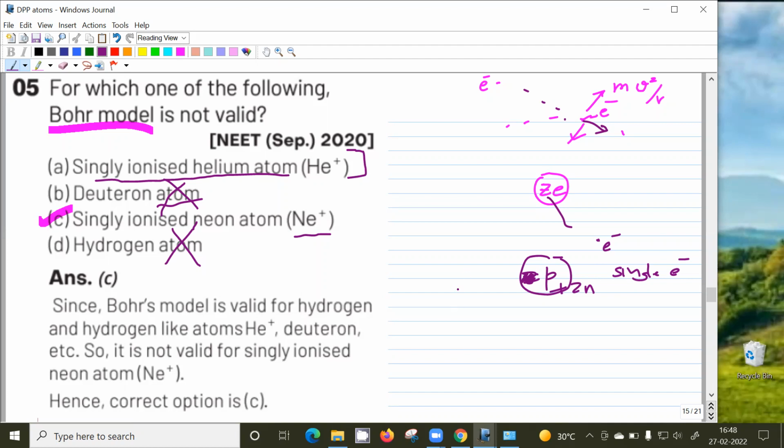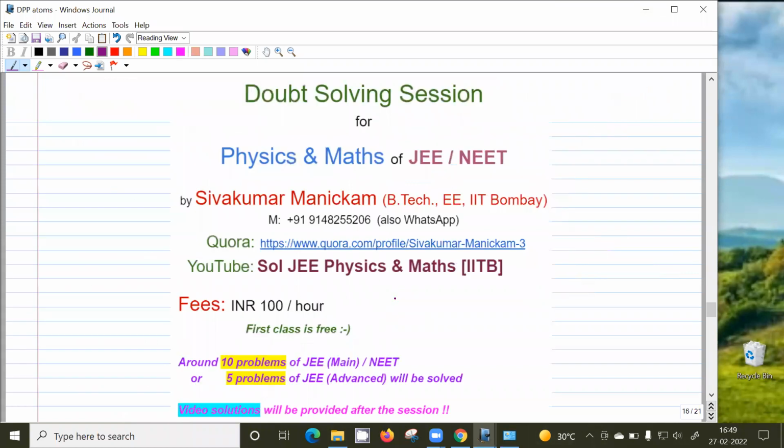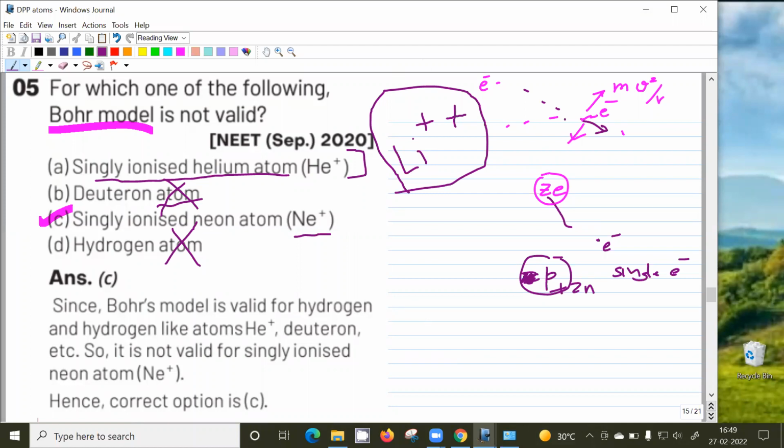So doubly ionized lithium is also valid, because 2 electrons are removed and it has only one electron left. So the Bohr model is valid for this also. Similarly, a carbon atom with 5 electrons removed, we can apply the Bohr model.